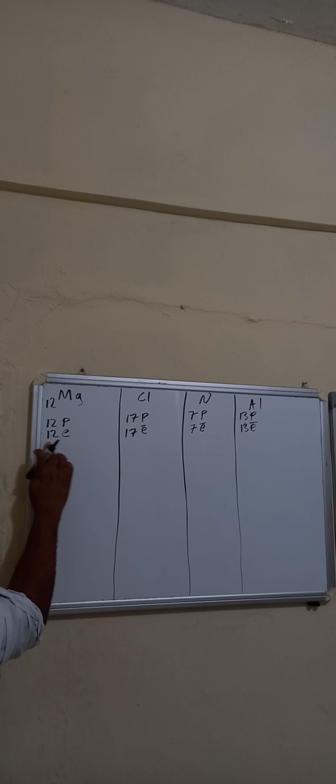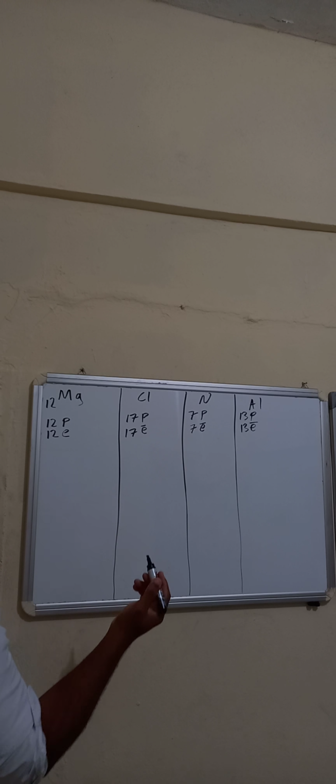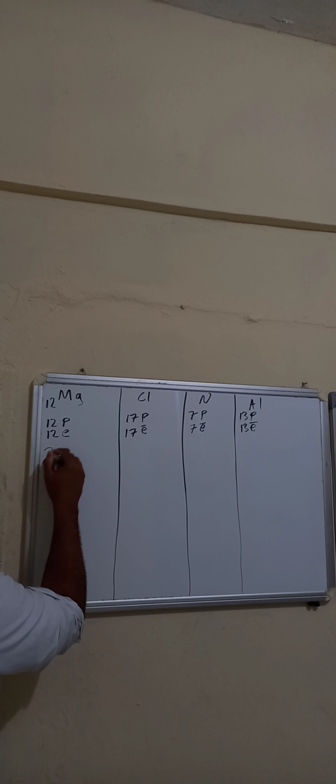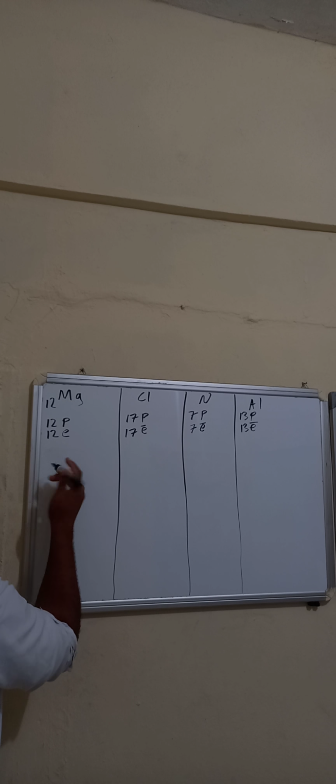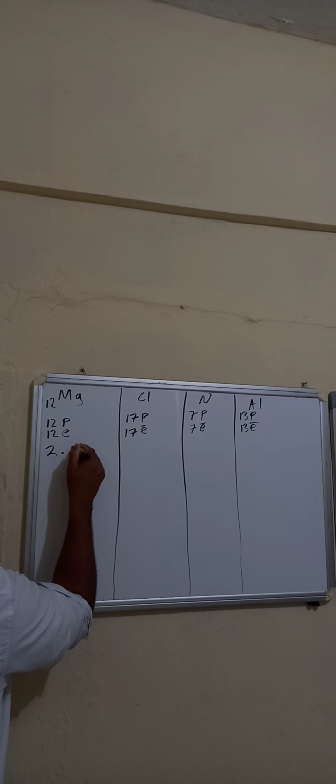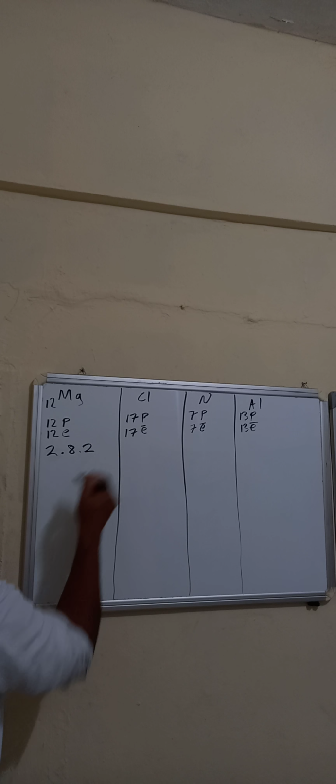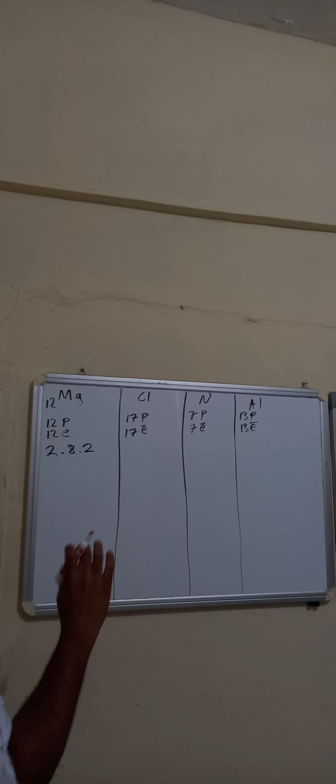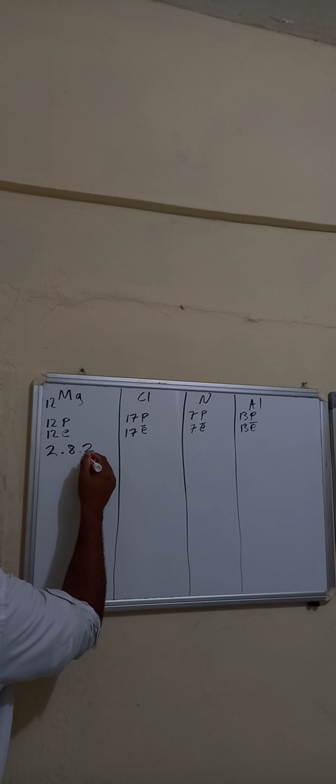If it has 12 electrons, then the electronic configuration would be 2, 8, 2. Therefore, the valence shell, which is the final shell of the atom, has 2 electrons.